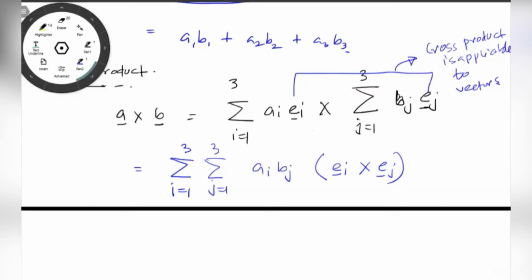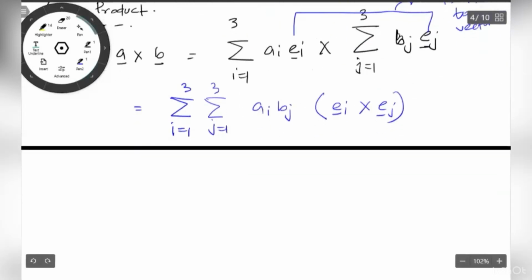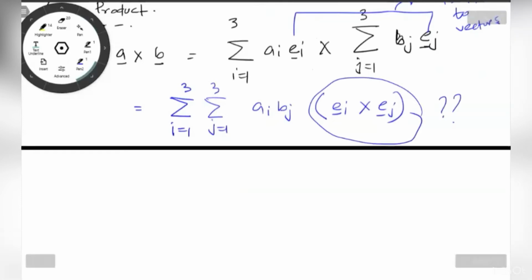So I took the summations to one side, both the scalars to one side, and both the vectors to one side with the cross product between them. Okay, fine. Now, in the same way, what will this be? For this, we need to go back and find the cross product between unit vectors, the same way we did before.